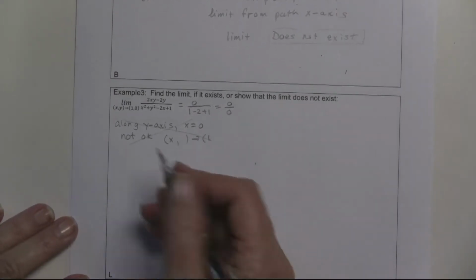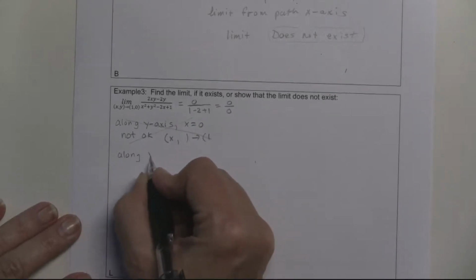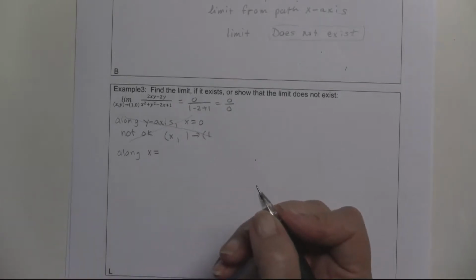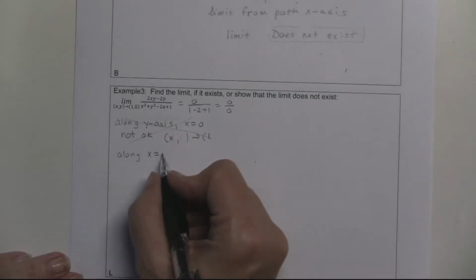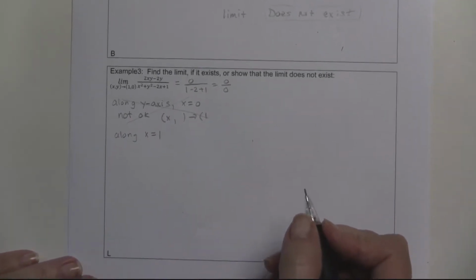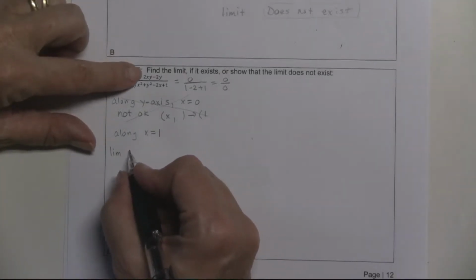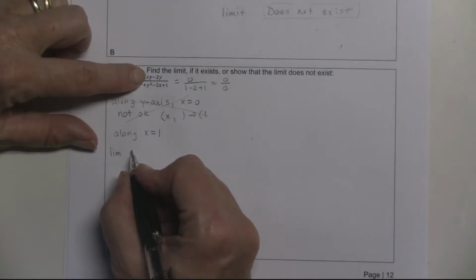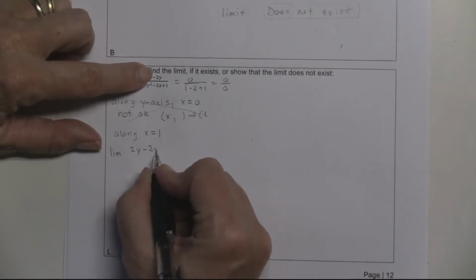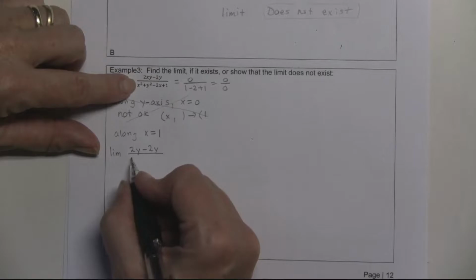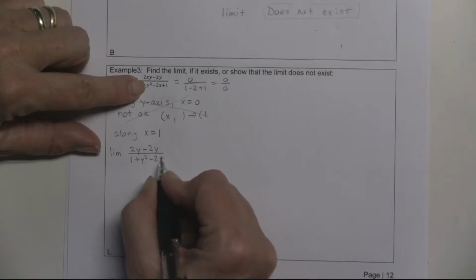And so if I pick along x equals, what could I pick if I wanted to pick a value for x? I have to pick along x equals 1. So if I do that, then I get the limit, and I'm putting in x is 1. So 2 times 1 times y, so this is 2y, minus 2y, divided by x is 1, so 1 squared, 1, plus y squared minus 2 plus 1.